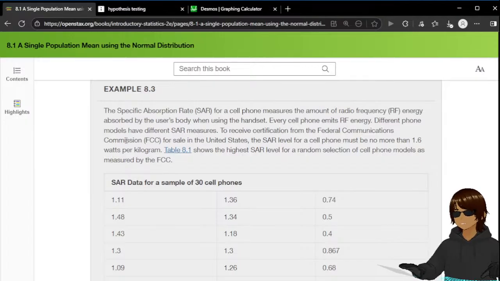Different phone models have different specific absorption rate measures. To receive certification from the Federal Communications Commission for sale in the United States, the SAR level for a cell phone must be no more than 1.6 watts per kilogram.